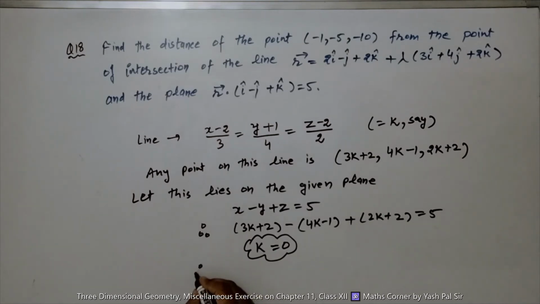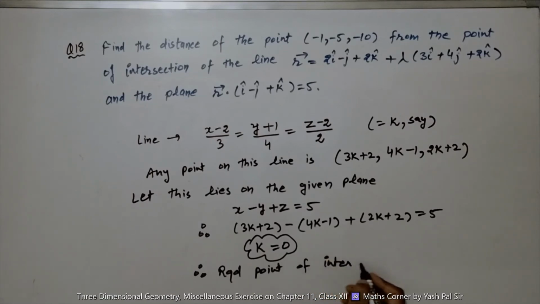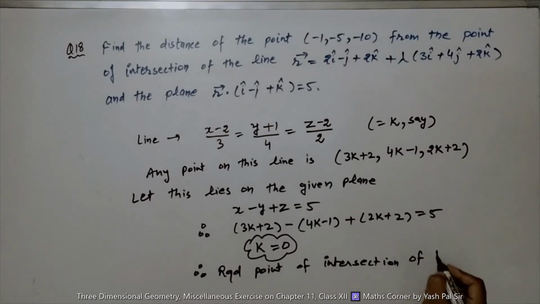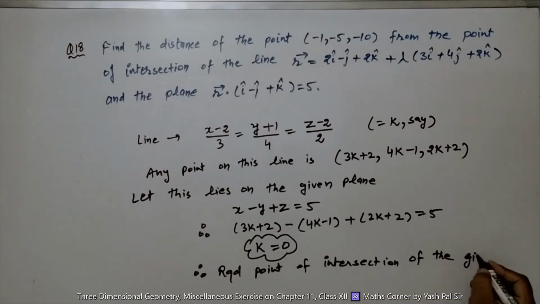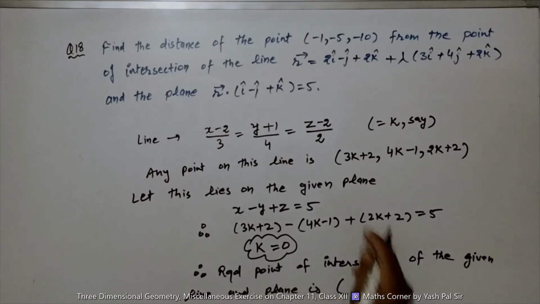So what we say, the required point of intersection of the given line and plane is, put k equal to 0.